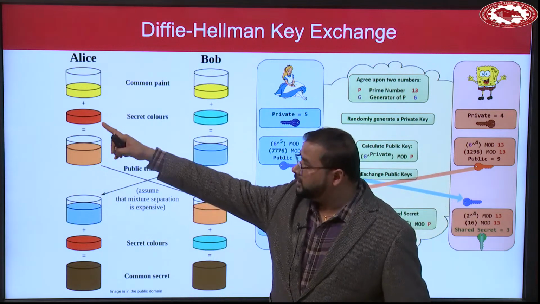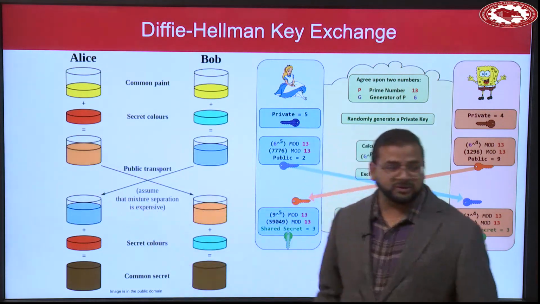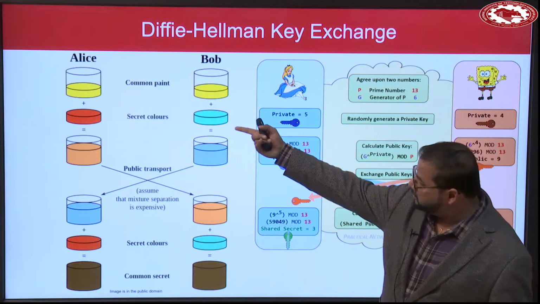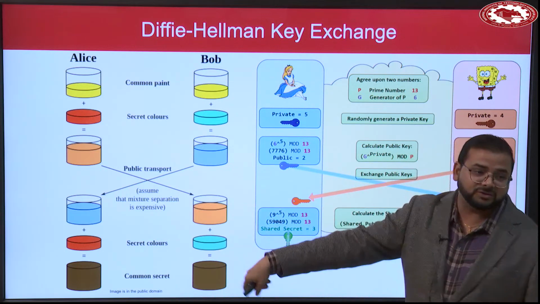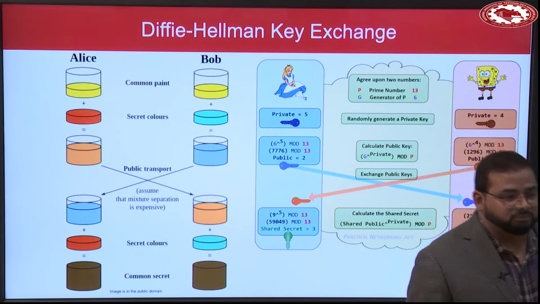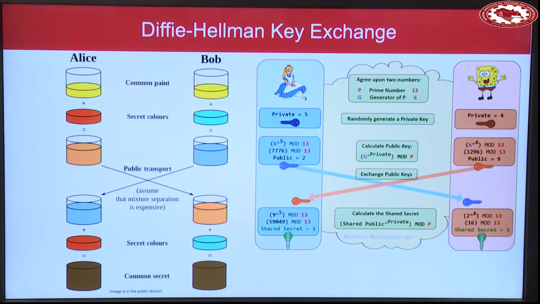Now you selected your orange, so you mix orange with this color. Bob goes with his blue, mixes with this one, and you see the same colors. So it's a simplistic way to understand. This is how you can generate the same number, same color, without sending that color or number over the network. And it's just a mathematical representation of this with some examples of how it looks.